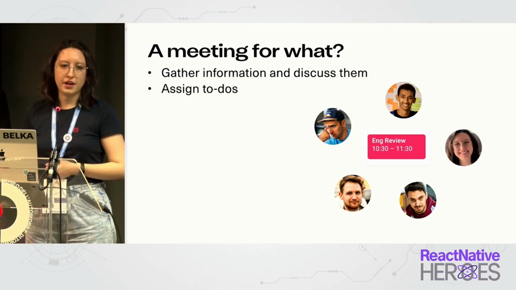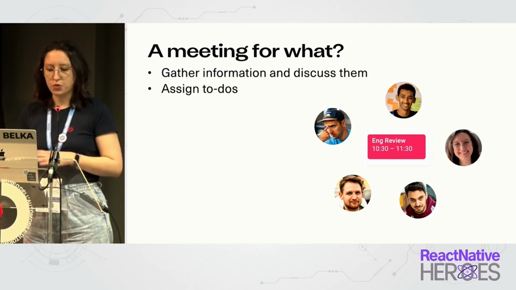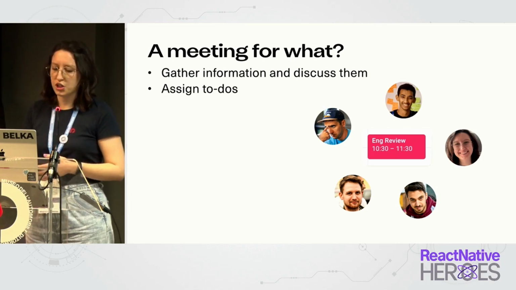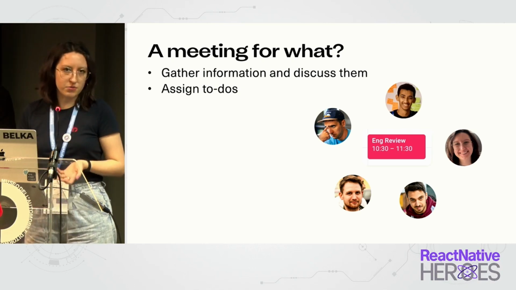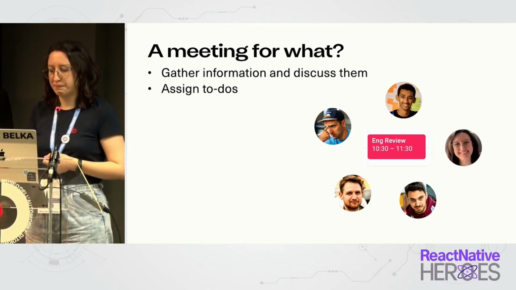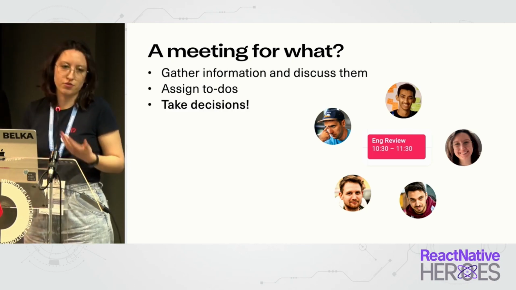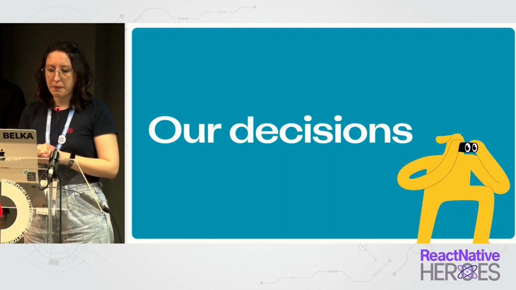We also defined and assigned to-dos to each other in order to solve issues that we found during the process, and also for writing the repository, of course, and the documentation. And of course, we took decisions. And this is us making important decisions with our confused manager.